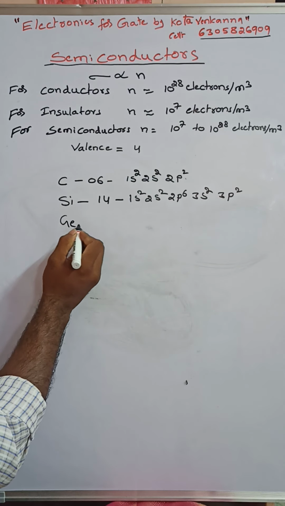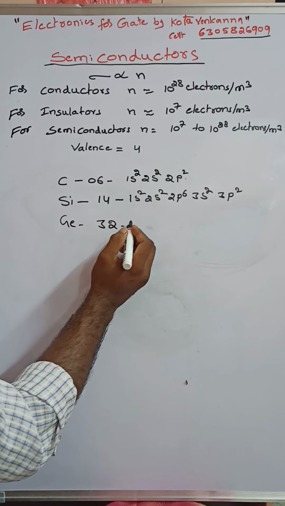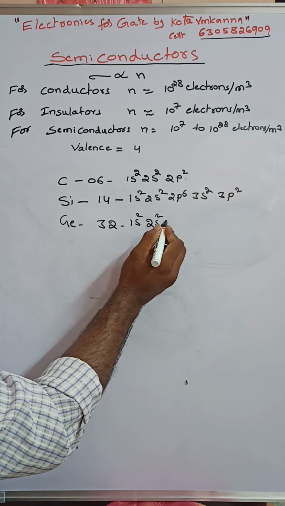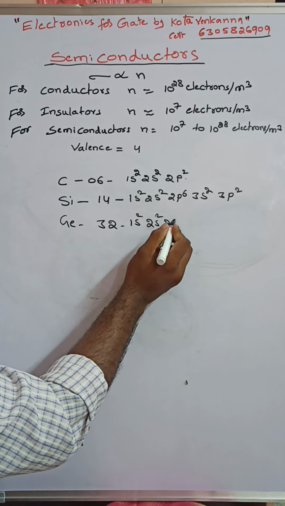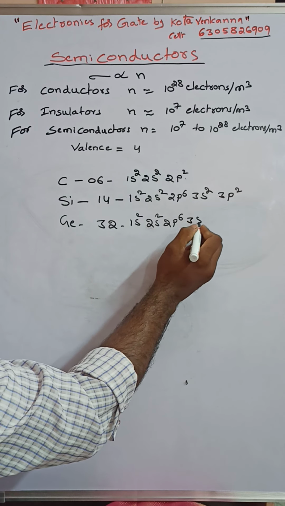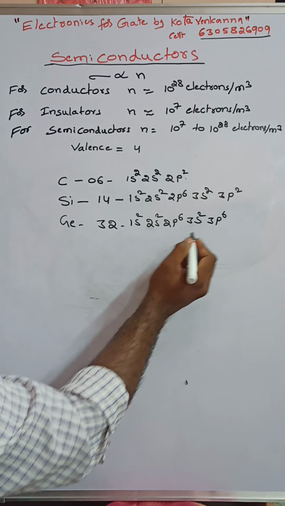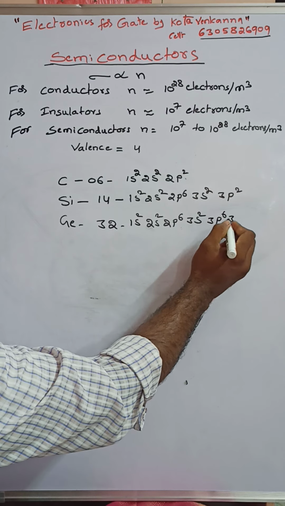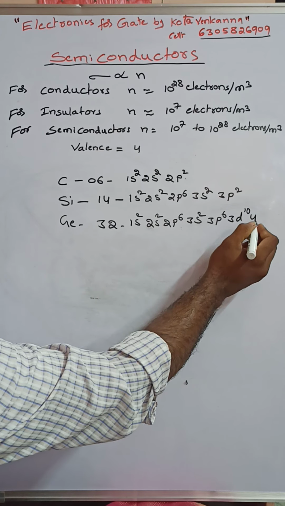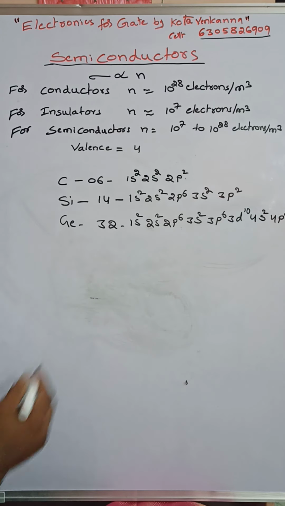Similarly, germanium has atomic number 32. The configuration is 1s2, 2s2, 2p6, 3s2, 3p6, 3d10, 4s2, 4p2.